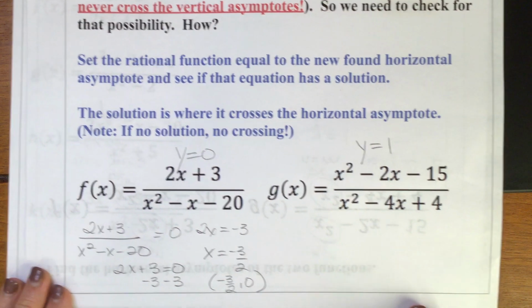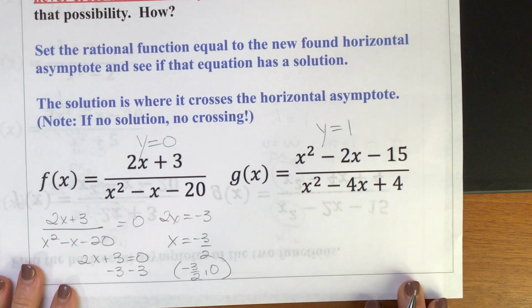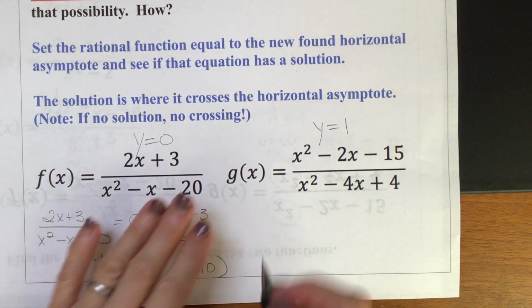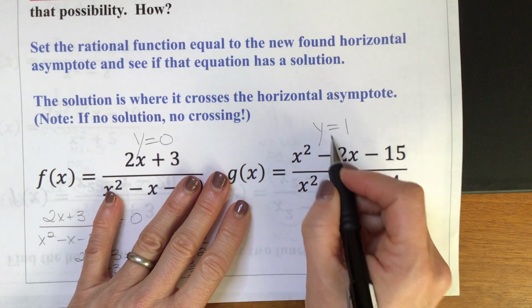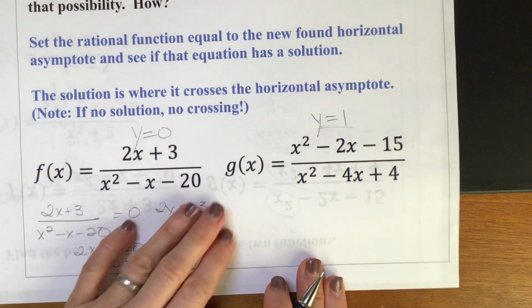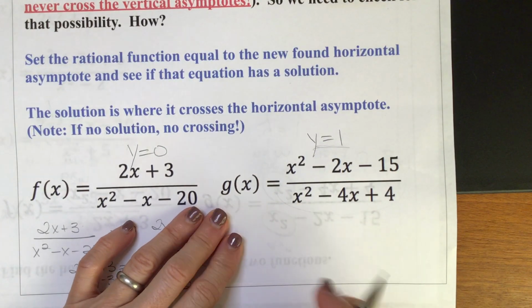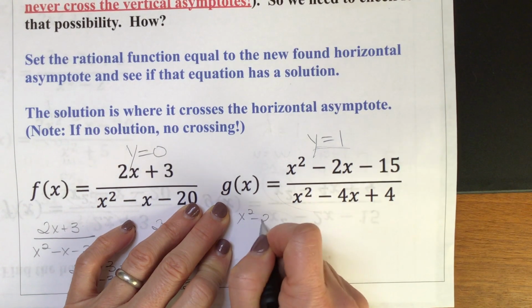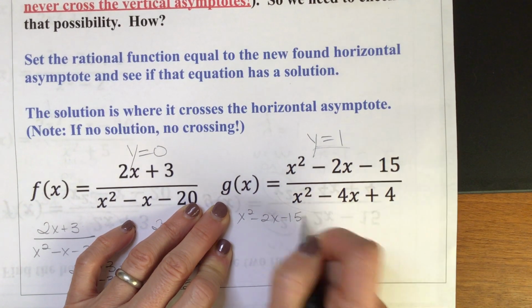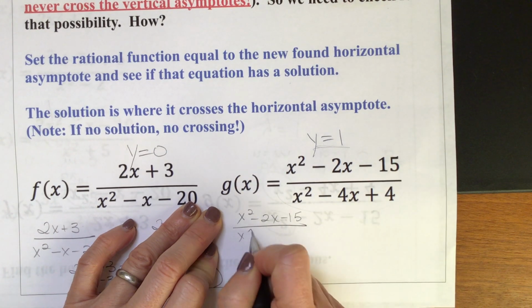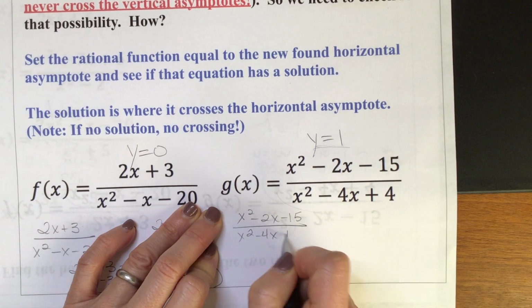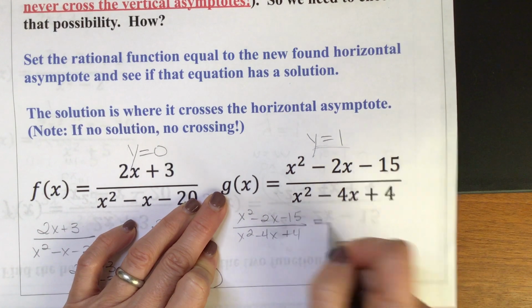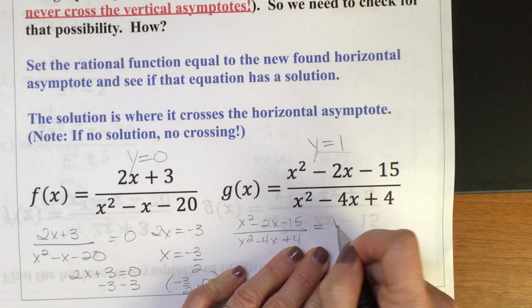So now on g of x, we're going to set this whole function equal to our new horizontal asymptote we just found in the previous slide. So x squared minus 2x minus 15 all over x squared minus 4x plus 4 equals 1.